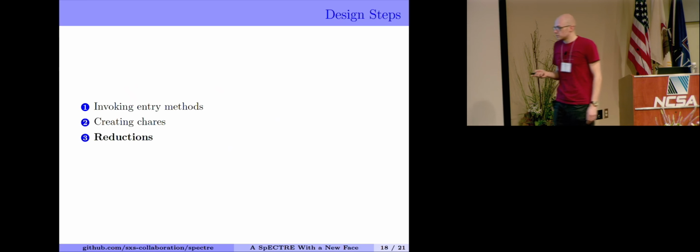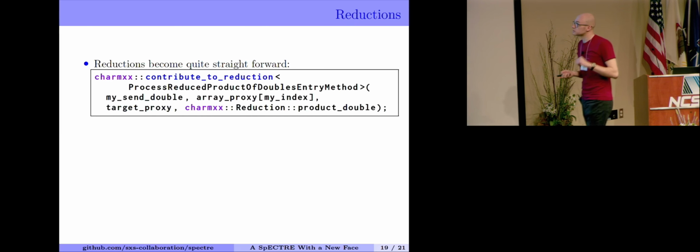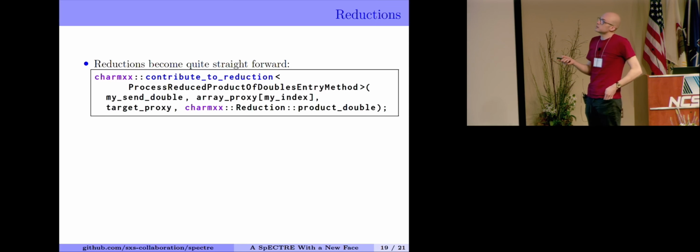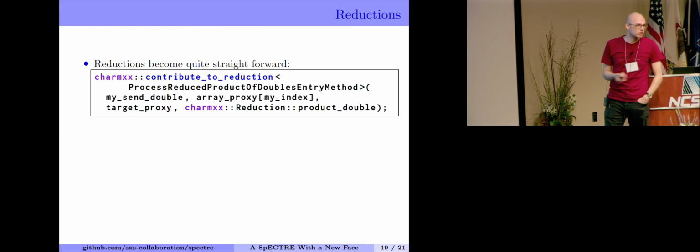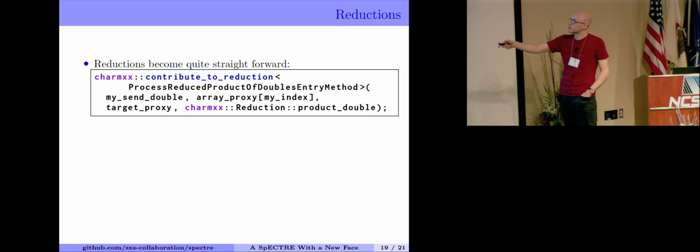All right, so the last thing is reductions. Reductions we've also simplified. What you have is a free function called contribute to reduction. You again pass it an entry method as a template parameter.